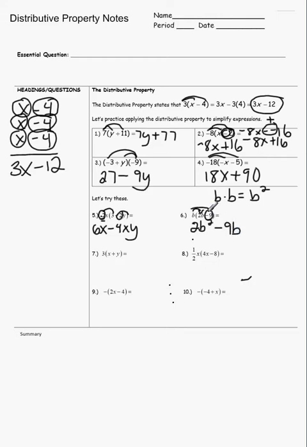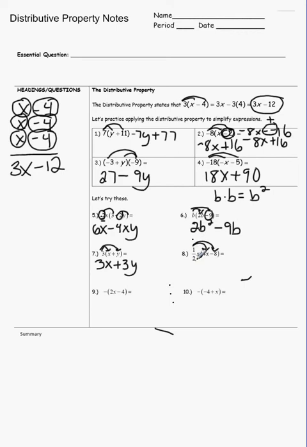All right, so let's try number 7. 3 groups of x plus y, so we have 3 groups of x, 3 times x, plus 3 times y. For number 8, we have 1/2, so we have to take half of our numbers. So we have 1/2 x times 4x and 1/2 x times 8.